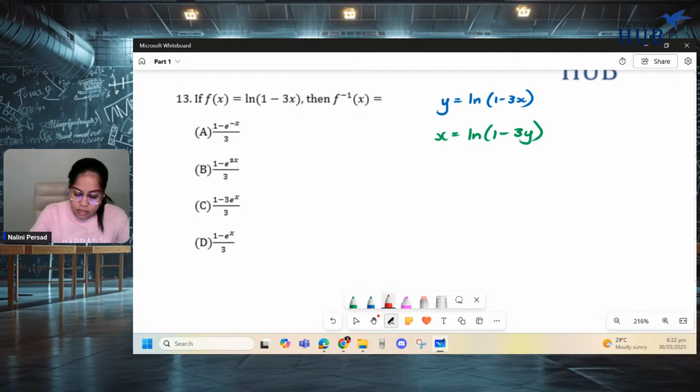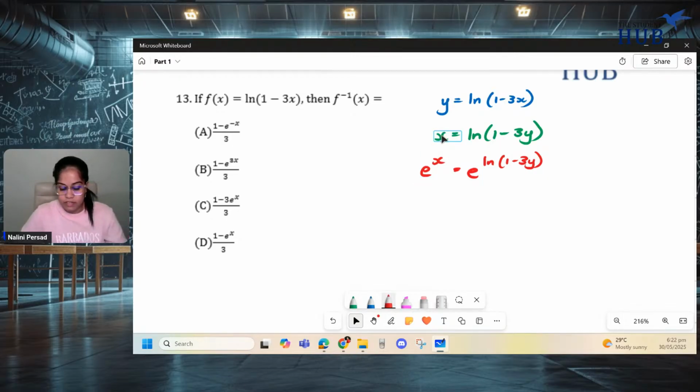Well, to get rid of it, you would have to raise both sides, e to the power of ln of 1 minus 3y. So e to the power of x on the left-hand side, e to the power of this entire thing on the right-hand side. e and ln cancel out each other, basically.